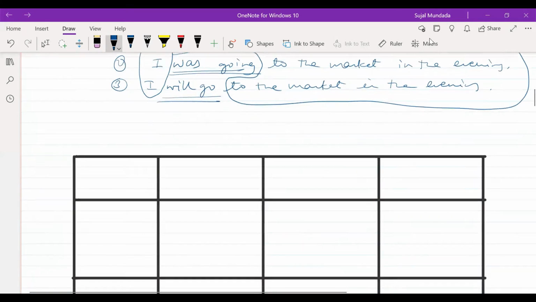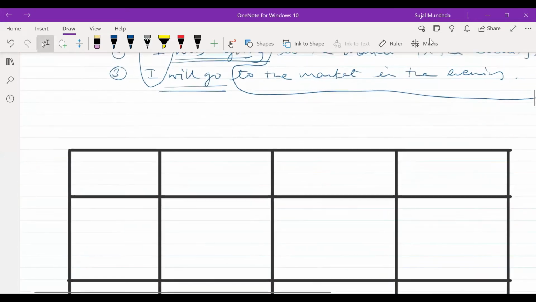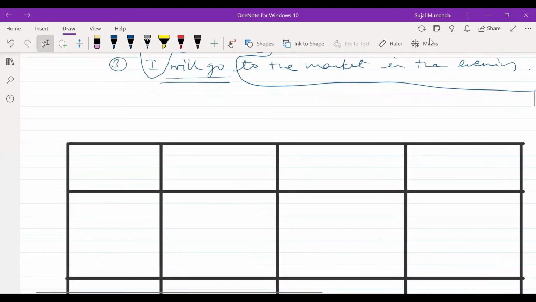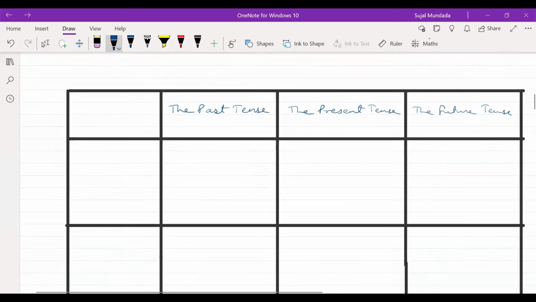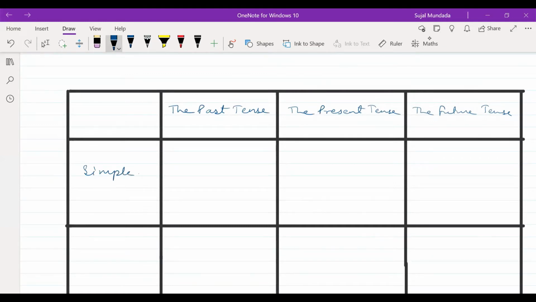Now, here I have made one table so that we can understand these things very easily. Now, here I will write down the past tense, then the present tense, and the future tense. Now, first of all, let's try to understand the simple tenses.